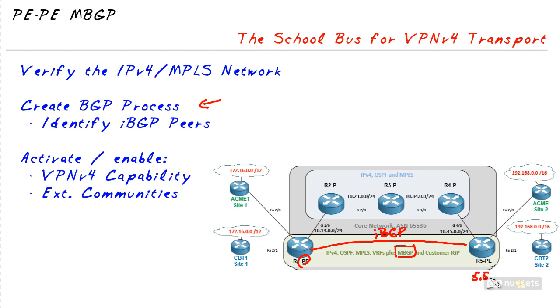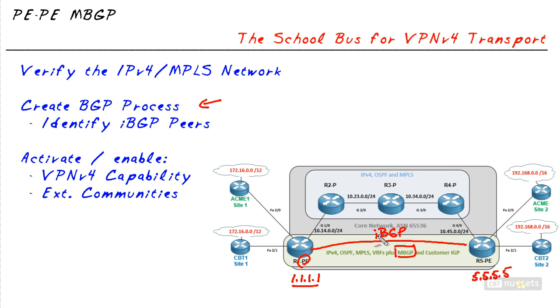So R5 will be 5.5.5.5 and R1 will be 1.1.1.1. We'll also want to source those BGP sessions from those loopbacks. That way, anytime R5 receives a BGP route from R1, it'll see the next hop as R1's loopback. And vice versa. If R5 advertises a route over to R1 through BGP, R1 can see the next hop as 5.5.5.5.